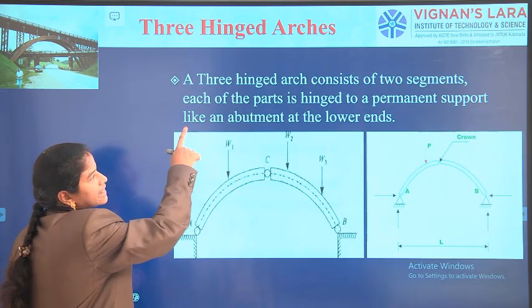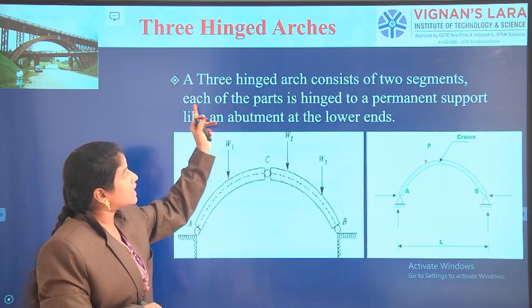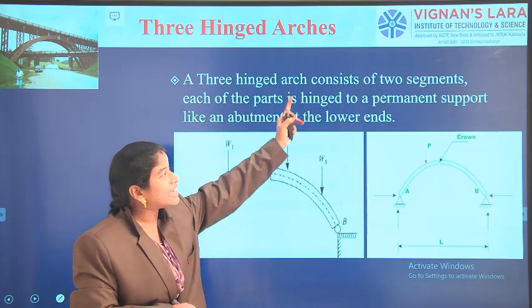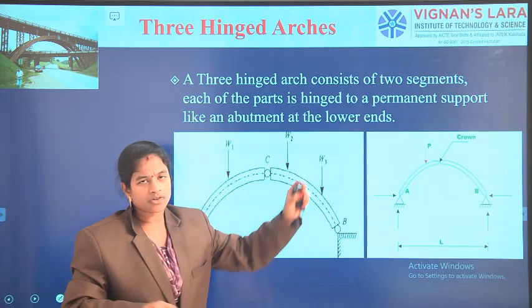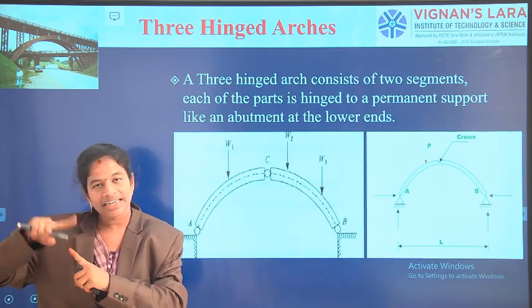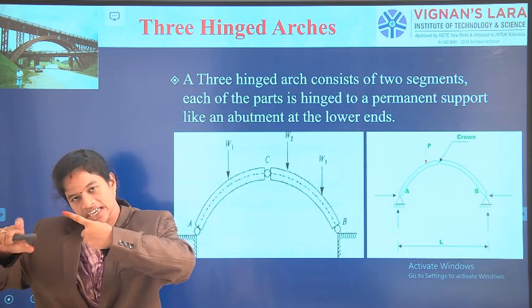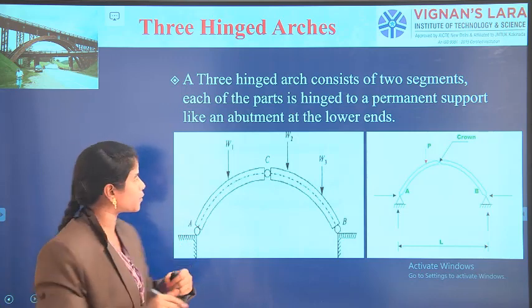See here, a 3-hinged arch consists of 2 segments. Each of the parts is hinged at the permanent support. So those positions were fixed. Even though that arch structure is being hinged, the location of the hinge is on a fixed support.